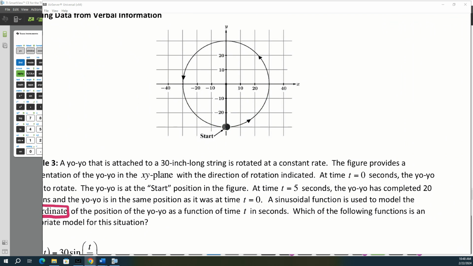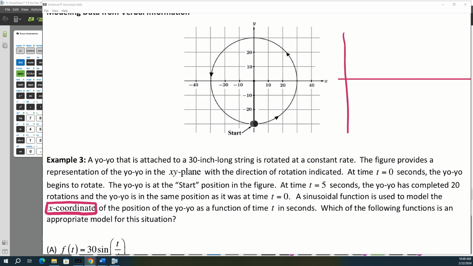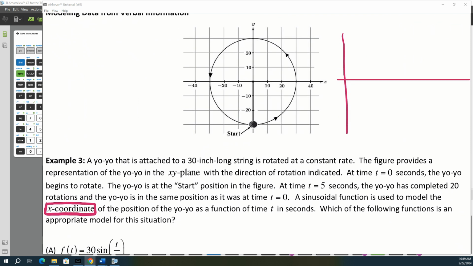Okay, so what I'm going to do over to this side is just do a graph of what they're talking about. This graph that we're about to draw represents the x coordinate of the position of the yo-yo. So at time t equals 0, what is the x coordinate there? 0.